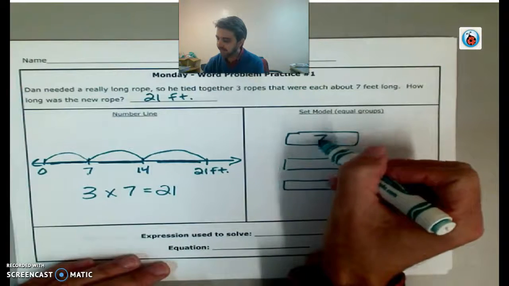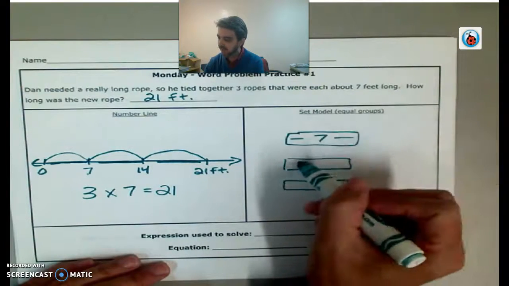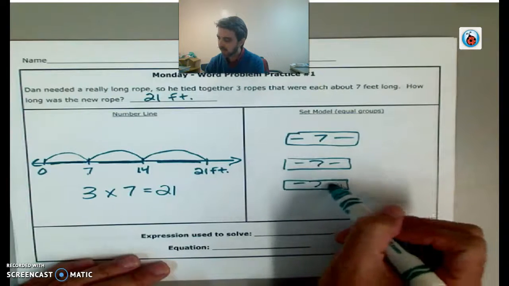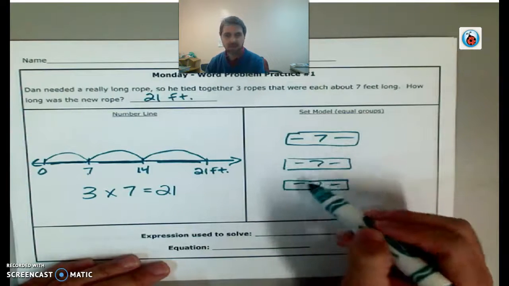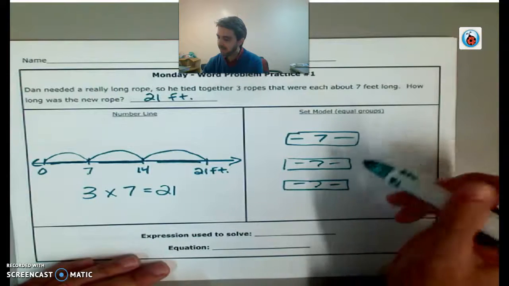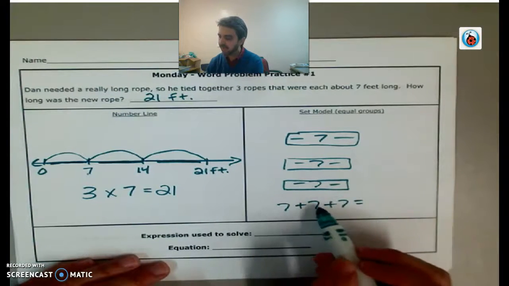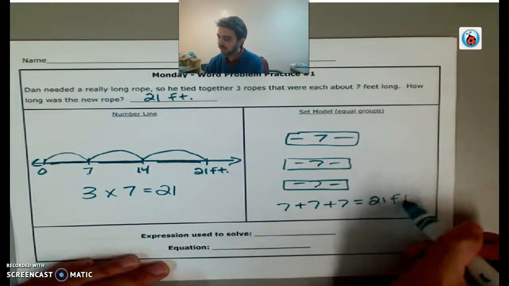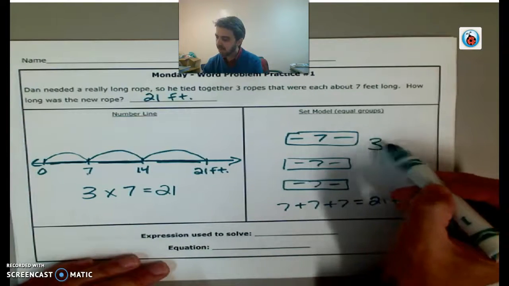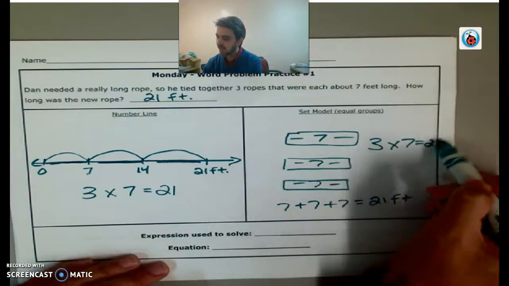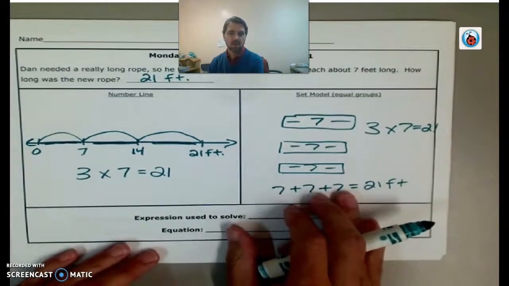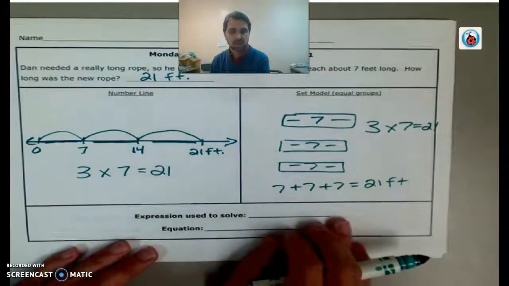So that's 7 feet from here to here. So if I were to put all those together, I would have 7 plus 7 plus 7 would give me 7, 14, 21 feet, right? Or 3 sets of 7 equals 21. So something like that would work, okay?